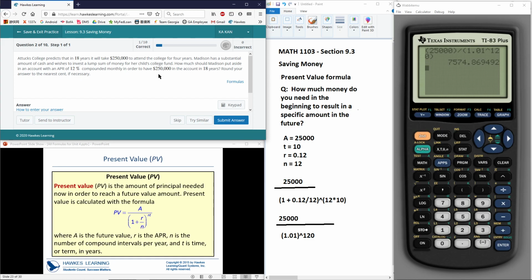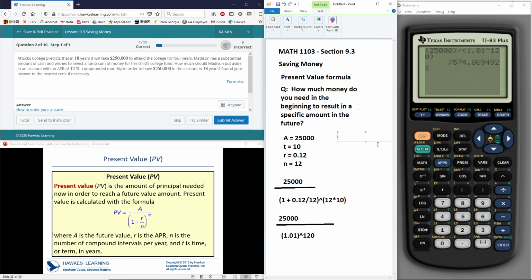So in this problem, you should look at A equals $250,000. The time is going to be 18 years, the interest rate is 0.12, and you are compounding monthly, so n equals 12.